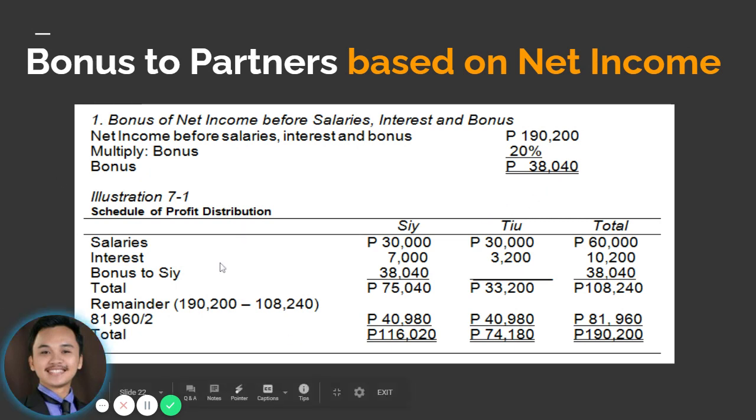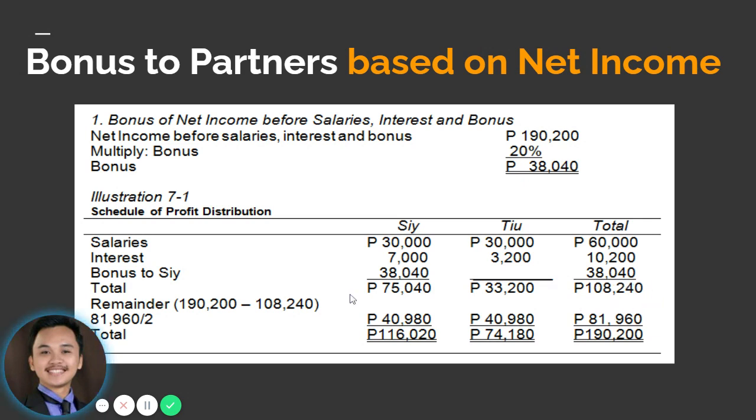So to compute for the profit distribution, naa tay salaries, 30 and 30 respectively for C and Chu, interest of 7,000 and 3,200 for Chu, so we have a total of 10,200, and bonus to C of 38,040. So pila tanan ang atong allowances provided to our partners, we have a total of 108,240.